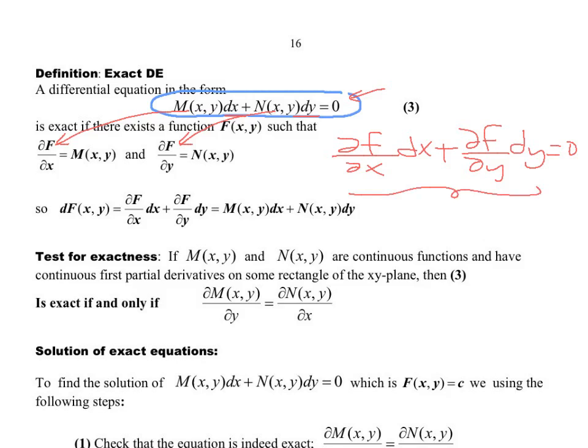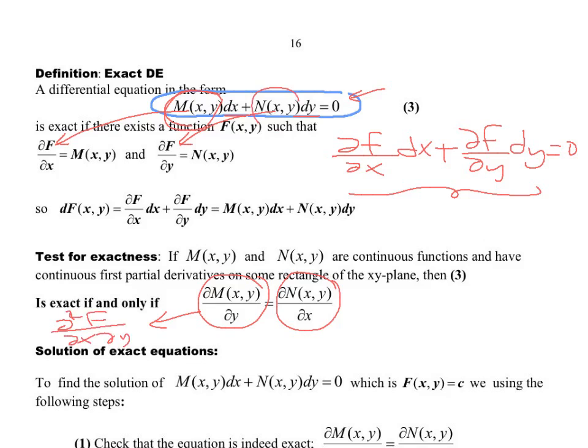We can check by differentiating M. If we differentiate M with respect to y and N with respect to x, and they are equal, then we say it is exact. Because when you find the derivative of M with respect to y, you are finding the second derivative f xy.